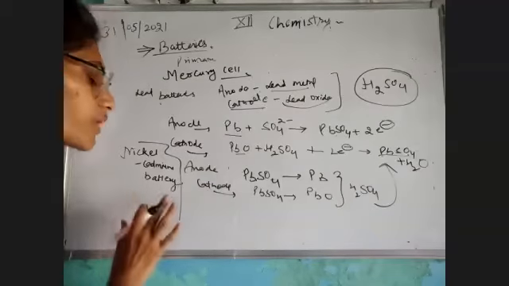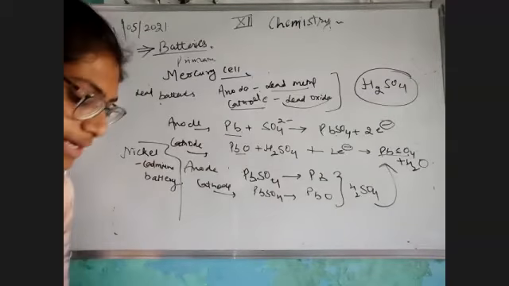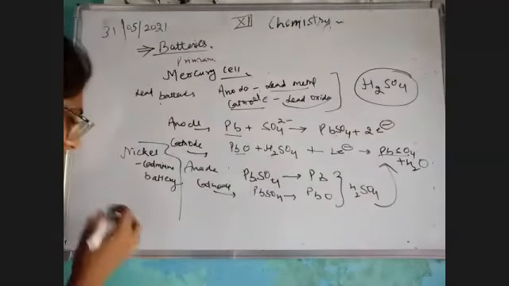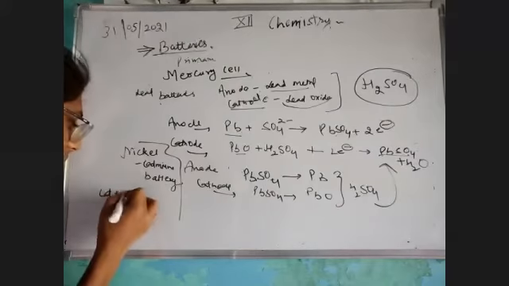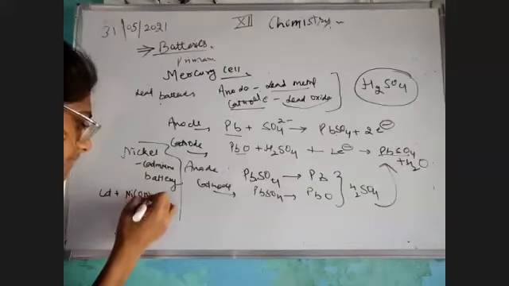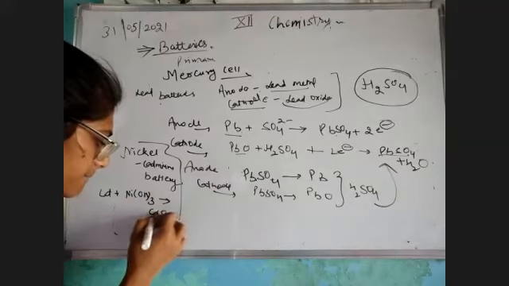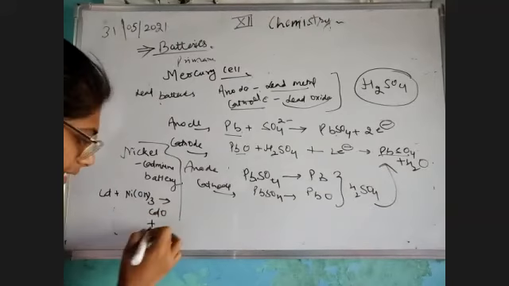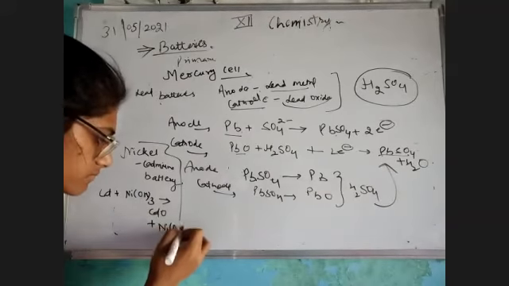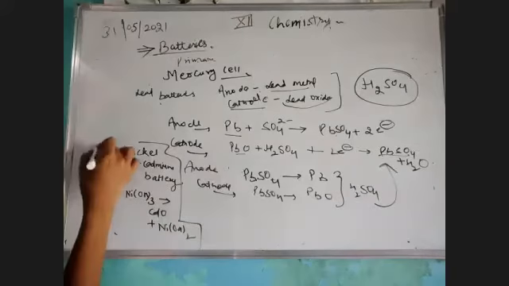We're not going to check out the reaction here. I'm just telling you that cadmium and nickel are converted to cadmium oxide plus nickel hydroxide.